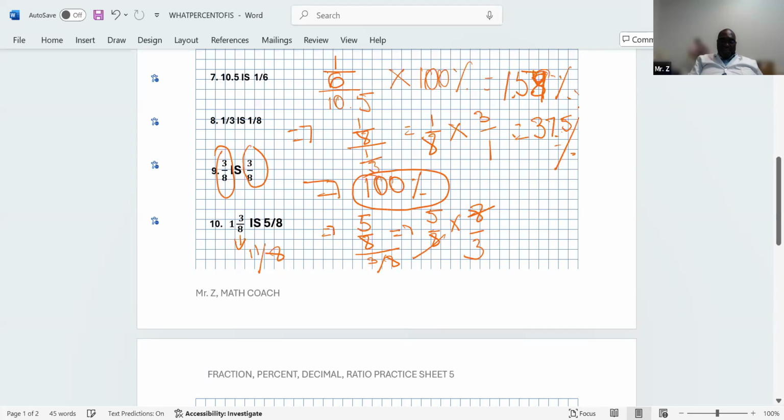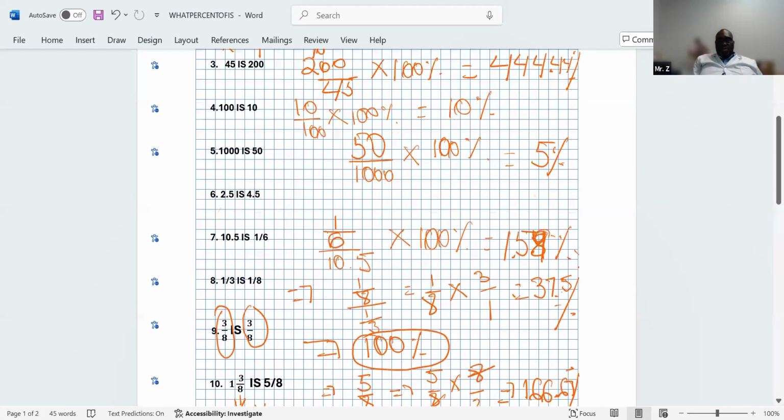So you would have 5 divided by 3, and then multiply that by 100%. So if they ask you to stop at the second place after the decimal point, you're gonna have 166.67%.